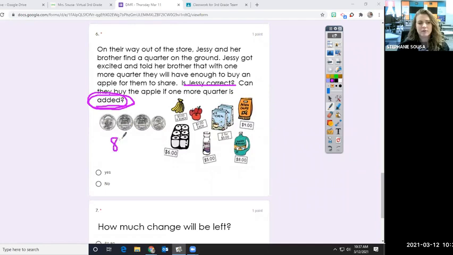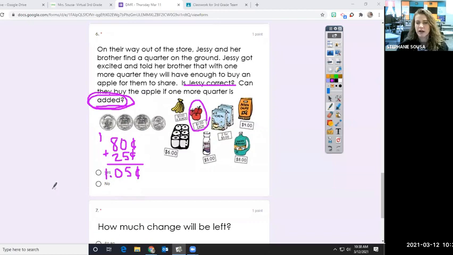All right, so we got to figure out what we have. Yesterday, we found out that this was 80 cents. 3/4 is 75 cents, plus a nickel is 80 cents. The question is if we add a quarter, will we have enough to buy an apple? Here's an apple. It's $1. So let's say about a quarter. 0 plus 5 is 5 cents. 8 dimes plus 2 dimes is $1 and 0 cents.